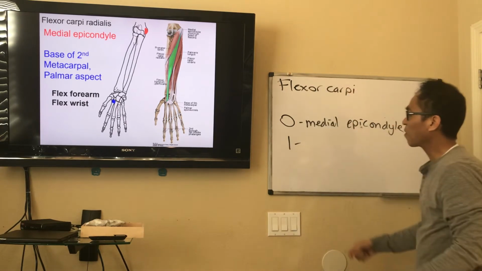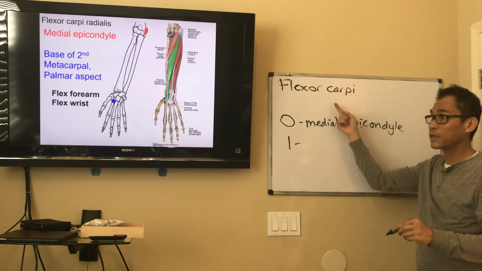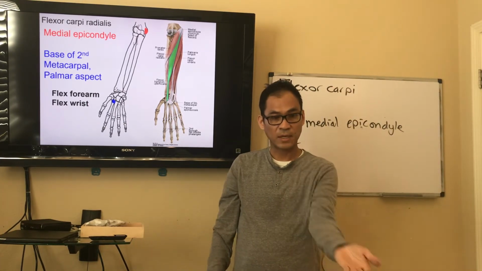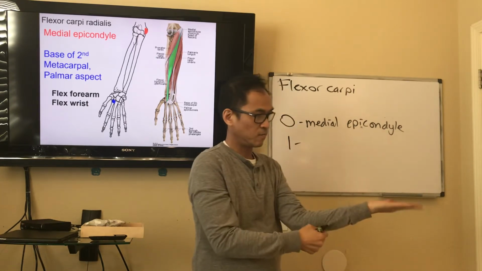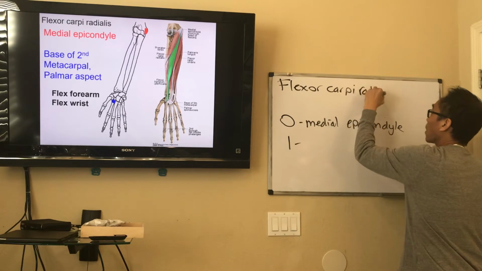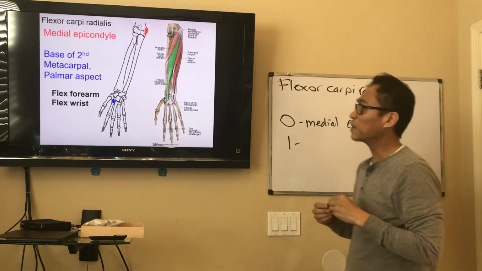I'm going to stop right there. You know what it does. What's that mean? Wrist. Flex wrist. In the anatomical position, that's flex wrist. Okay, just like this. Flex wrist.